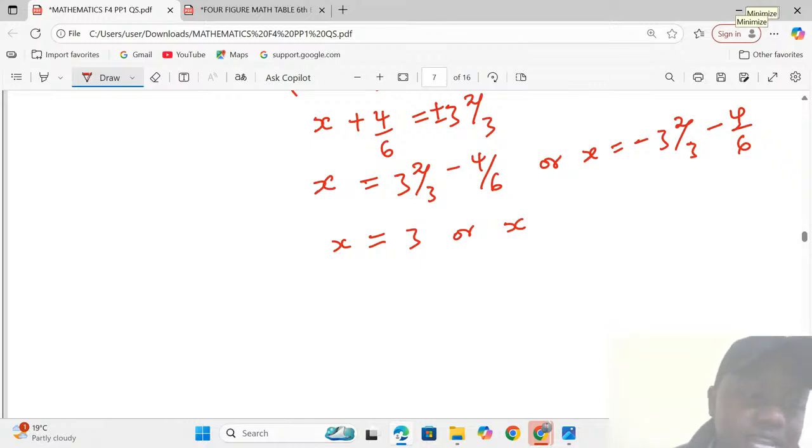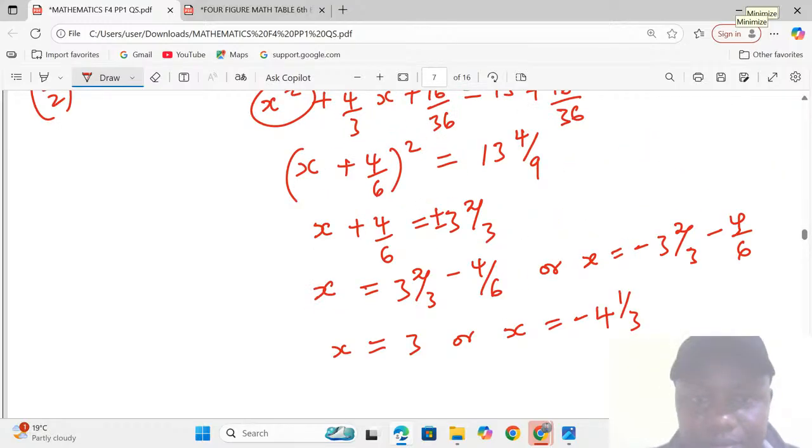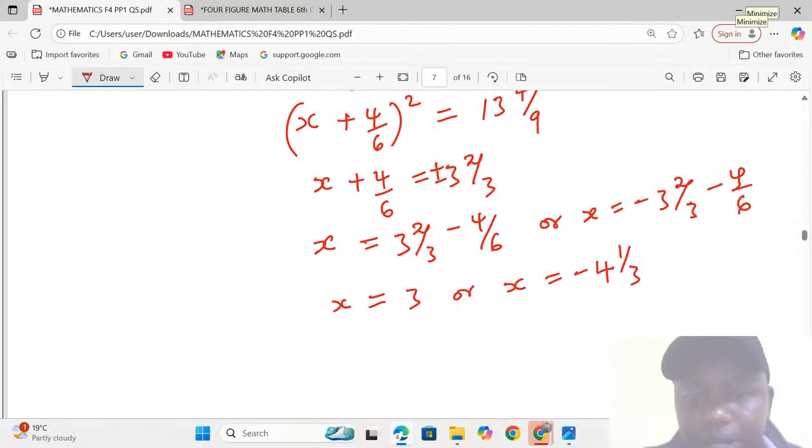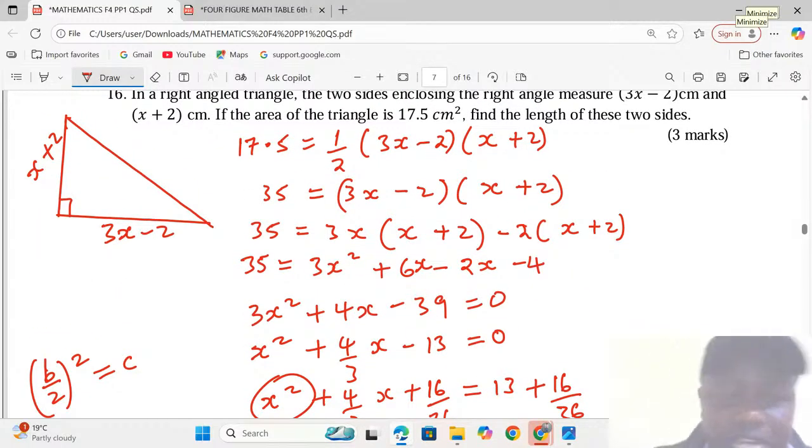This gives us negative 4 and a third. So now what we are having is the values of x: 3 and negative 4 and a third.